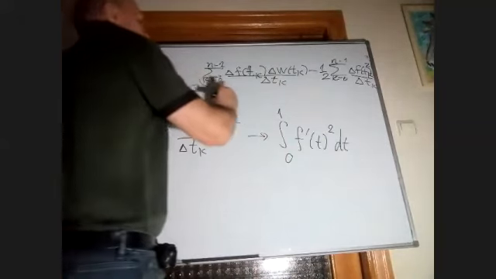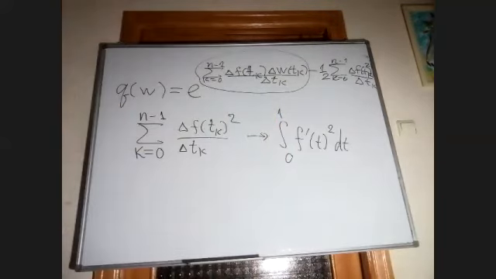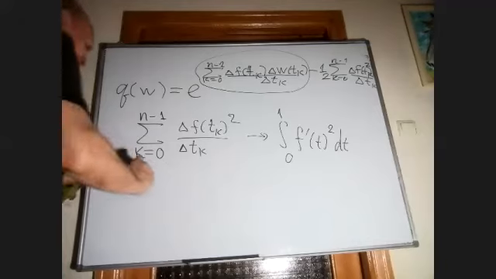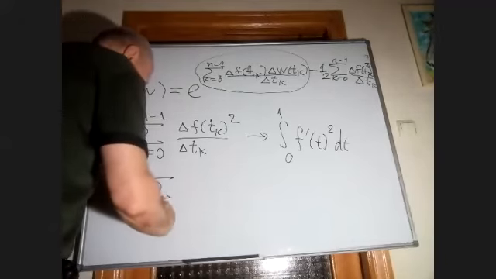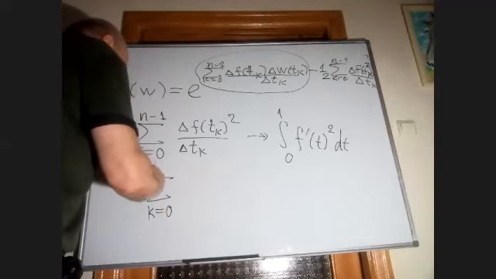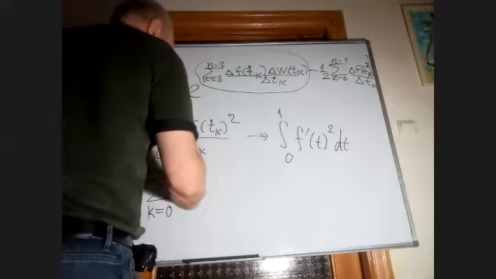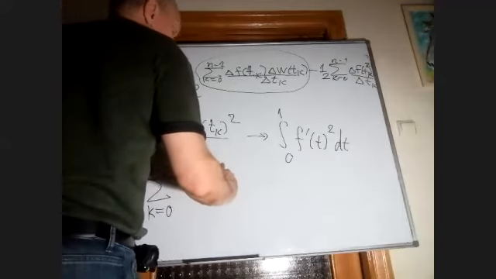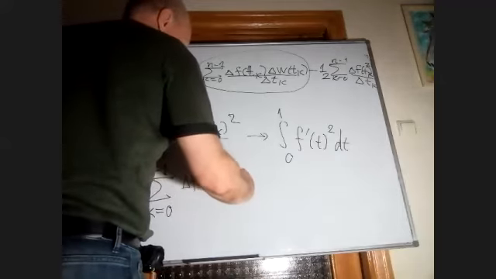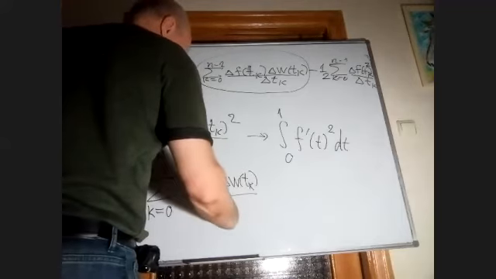This also goes to some integral, namely the sum from k equals 0 to n minus 1 of delta f(t_k) delta W(t_k) over delta t_k.